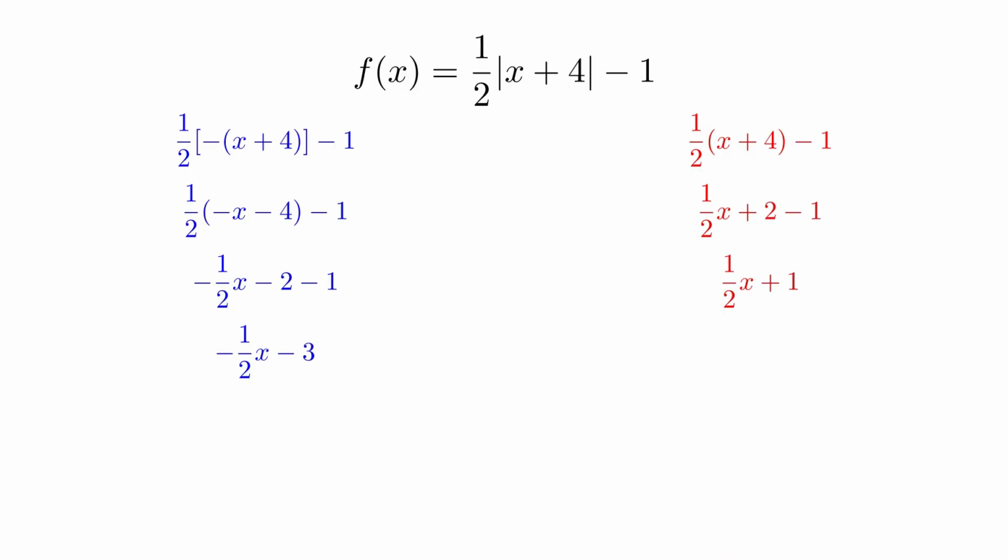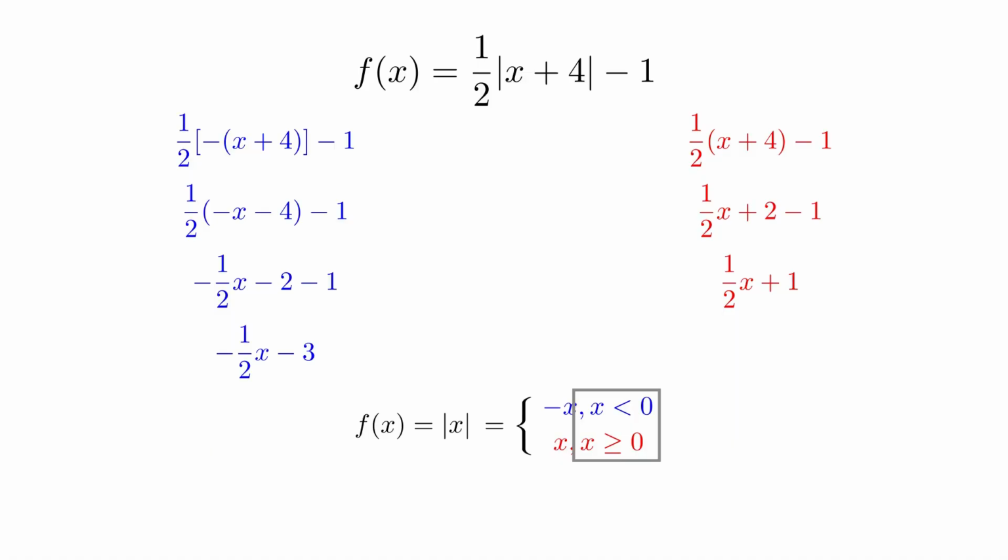If you look at our parent function for the piecewise function, we see that we have negative x where x is less than 0, and x where x is greater than or equal to 0. So this tells us when to use which part, so we need to figure out when to use the negative or positive version of this function. To do that, we're going to set up inequalities for both.